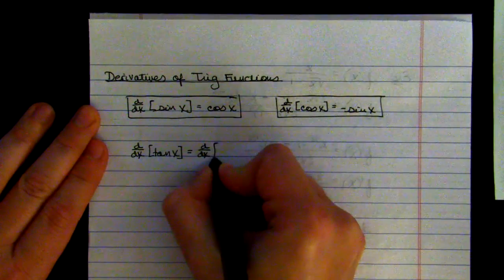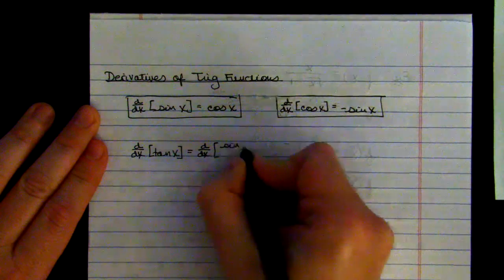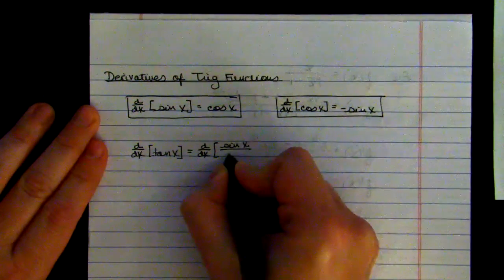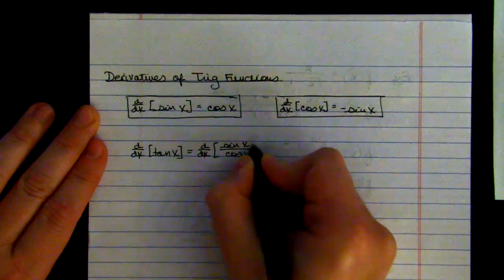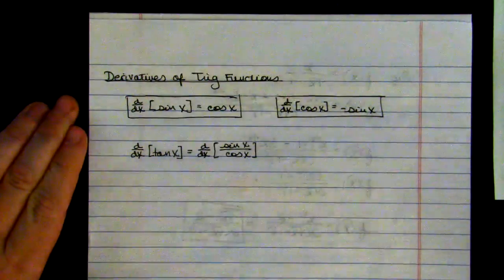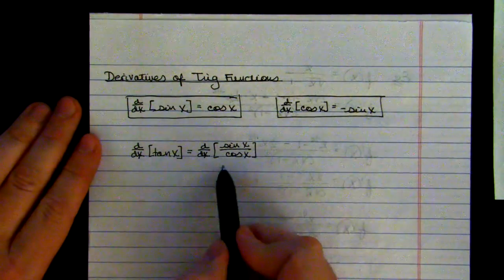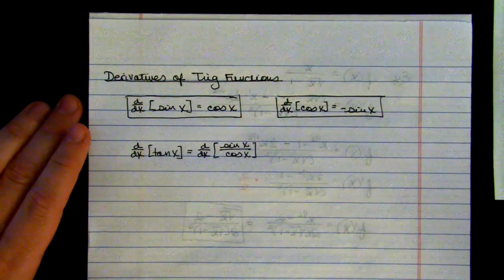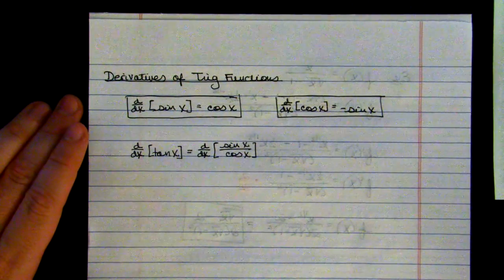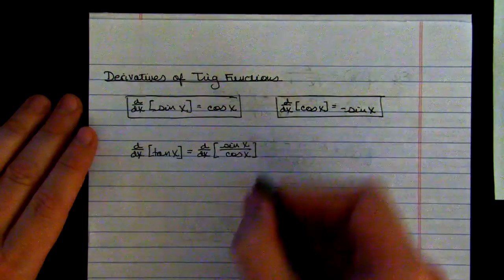This is like asking us to find the derivative of the sine of x over the cosine of x. Maybe now you see why I had to wait till this section to show you this rule. What am I going to have to use to find the derivative of that thing? We need the quotient rule.